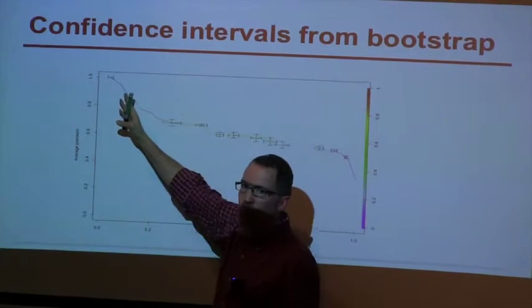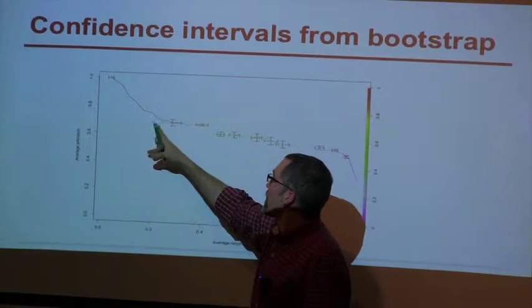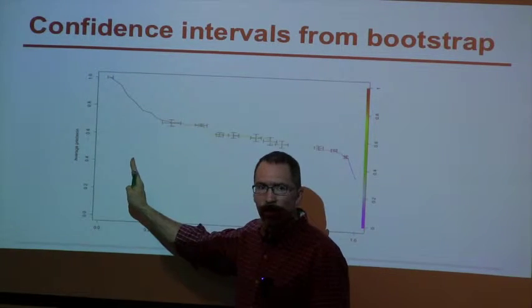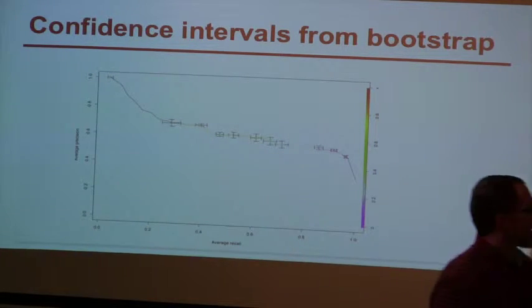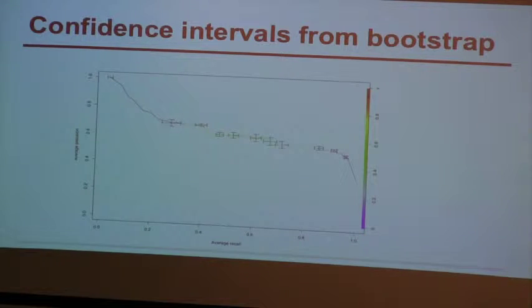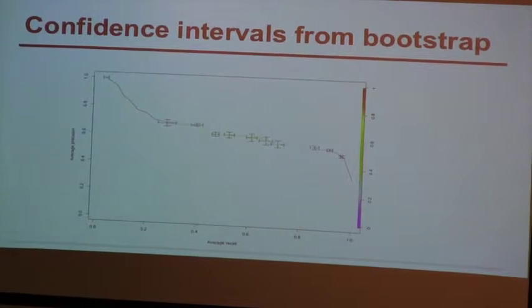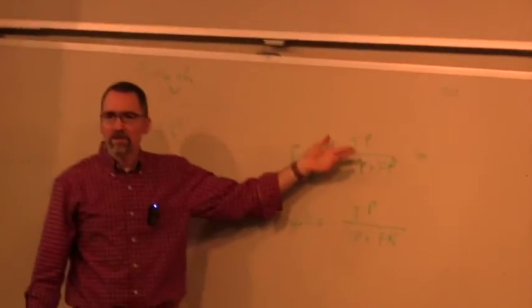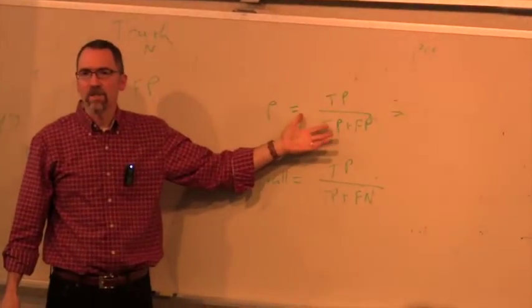One thing that usually happens is it starts getting bigger and bigger over here. Well, at least let's put it this way: as we go over here, our precision number is based on less and less. So precision, remember, is of the things I guessed to be Virginica, how many are correct? Now, if I'm only guessing 5, that means that I get 2 correct, that means 2 out of 5. That's an extremely small number.